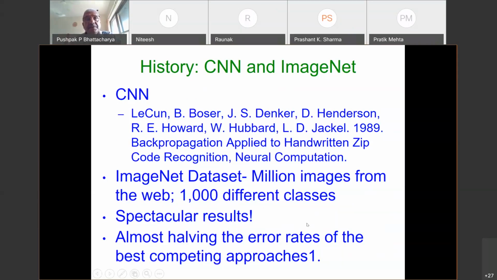So the accuracy figures were so much better than anything existing at the time, telling people that here is a paradigm shift and new techniques have arrived on the stage, driven by data and machine learning algorithms, which, by the way, were discovered many, many years back.